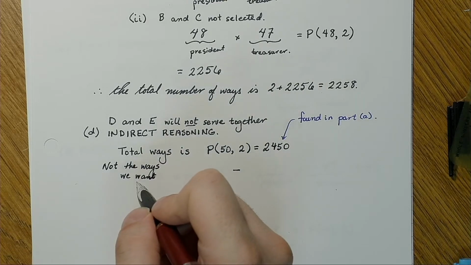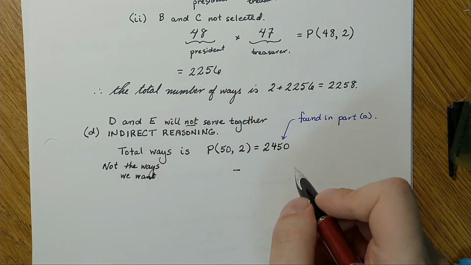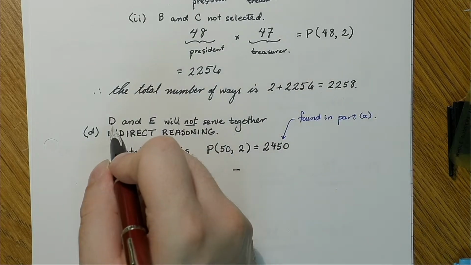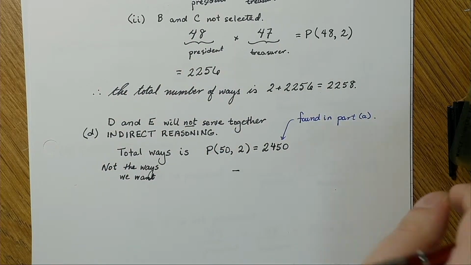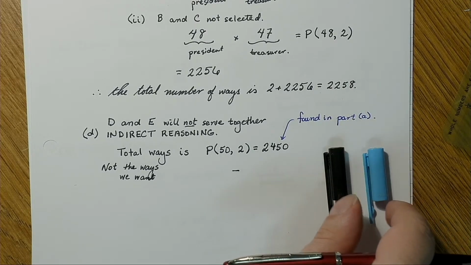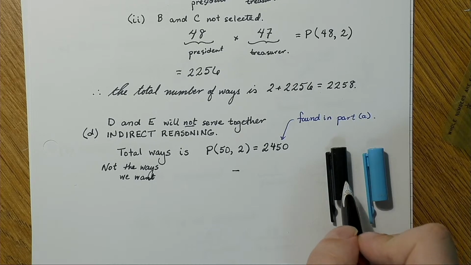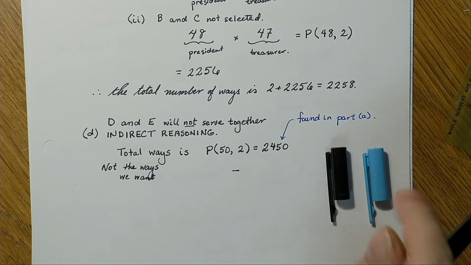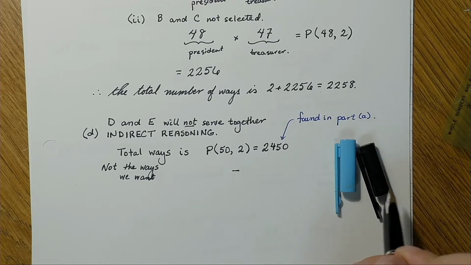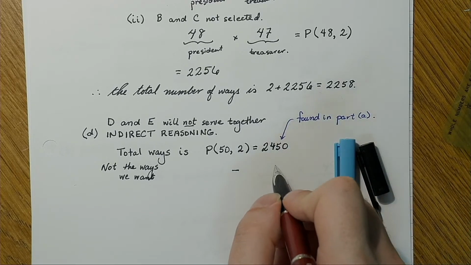The ones that we don't want are the ones with D and E. If this is the president and this is the treasurer, and then the other way is if this is the president and this is the treasurer, there are two ways.